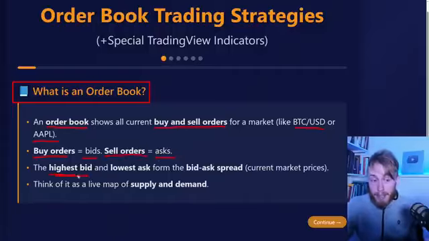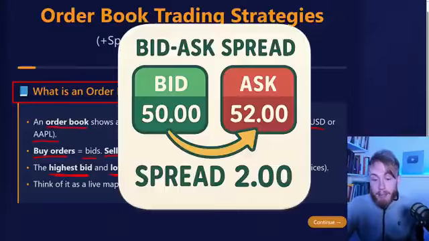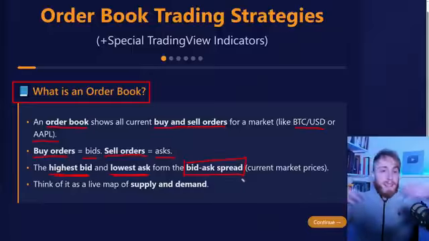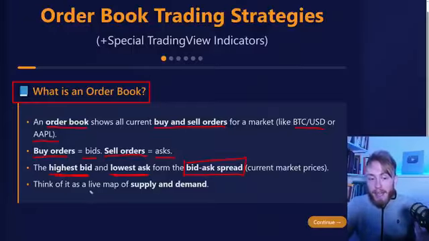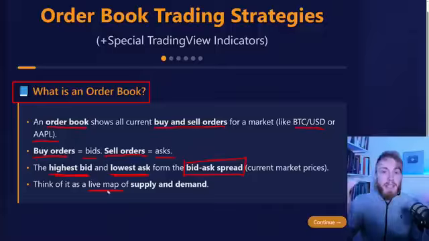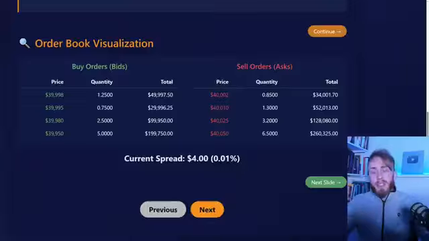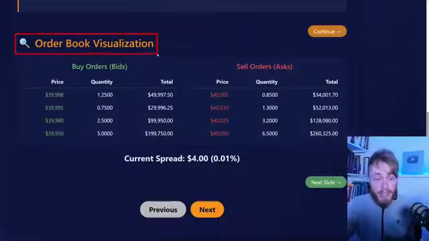Together, the highest bid and lowest ask form something called the bid-ask spread. A simple way to think about the order book is like a live map of the supply and demand of the market.